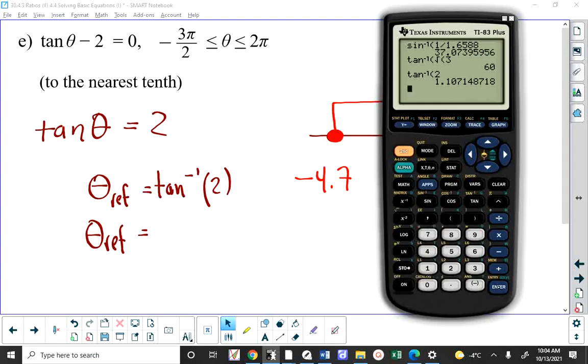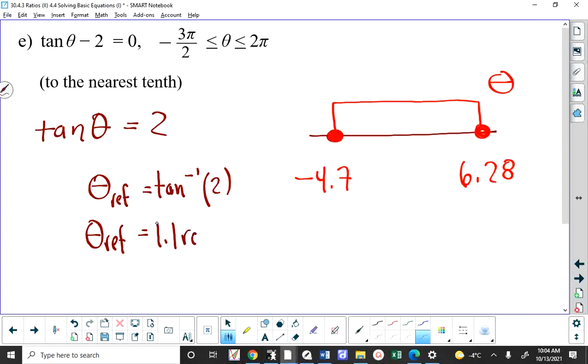Now, as soon as we got to this example, things took a turn for the more complicated. Remember, this theta reference is not necessarily theta. Okay. Theta, which I'm going to put in red, these are the answers to the question. This is not an answer to the question. It's a way for us to locate 2 rotation angles in the first revolution.